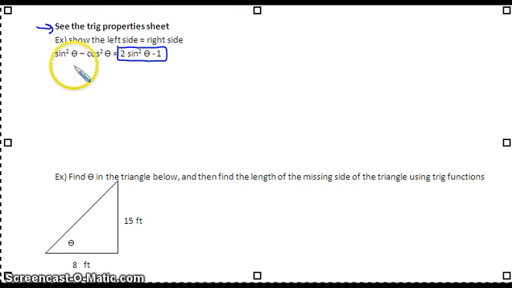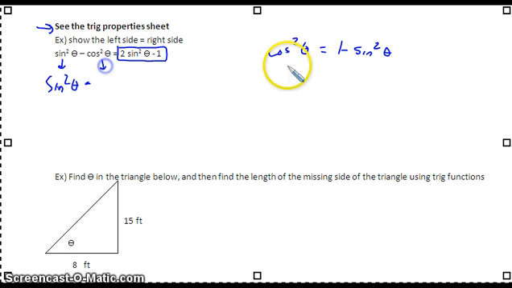One of the identities that I know from my formula sheet is that cosine squared is equal to 1 minus sine squared. That's a Pythagorean identity, so I'm going to choose to leave the sine squared alone, but to change this cosine squared to 1 minus sine squared.